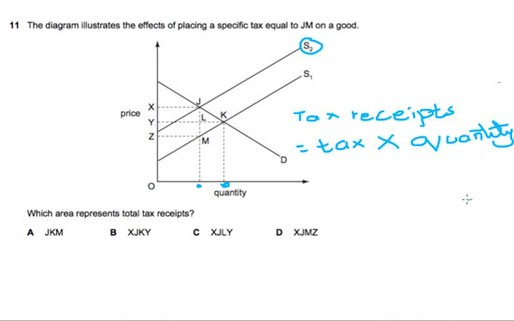Now if we look at the diagram, we know the quantity being sold is here, and the tax we know from the question is Jm. So the tax revenue is equal to Jm, which is the tax, multiplied by the quantity.